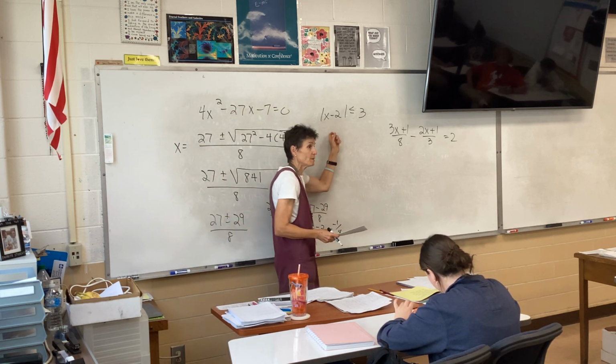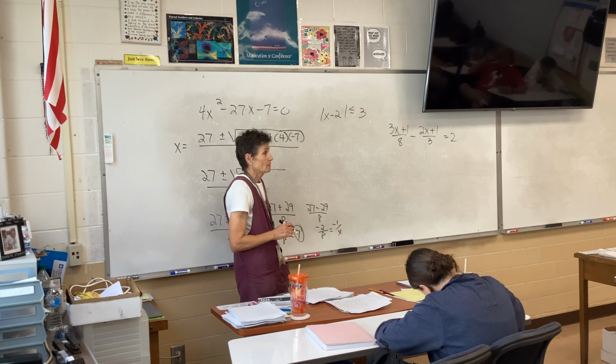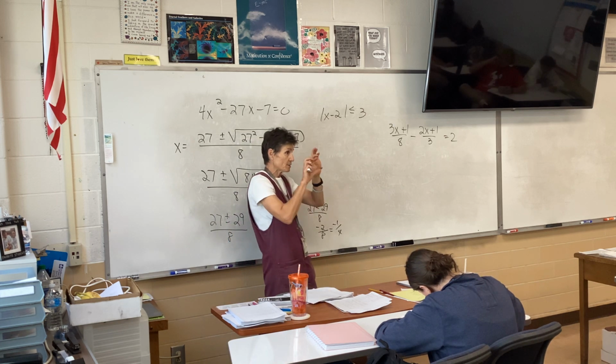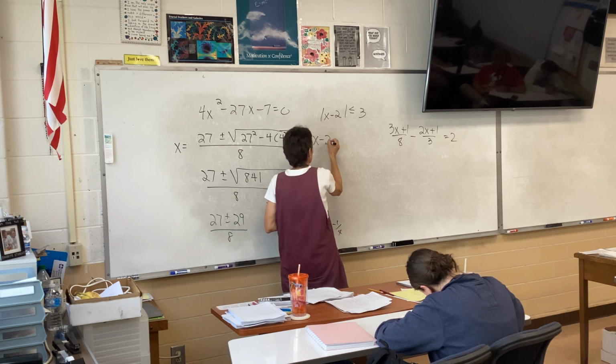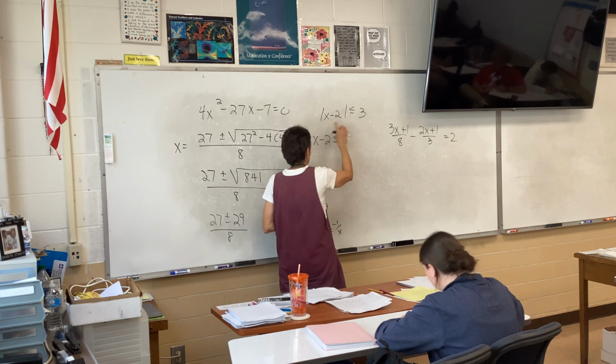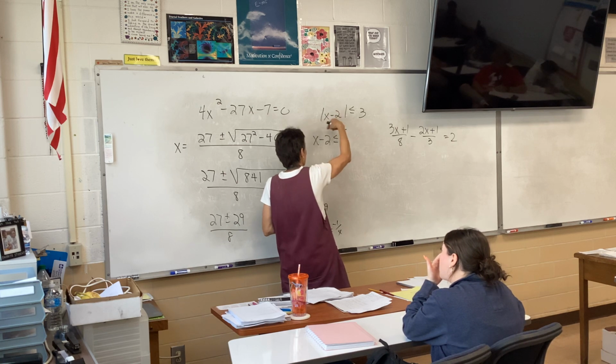What about this guy? What do we do with this guy? This breaks down into 2. So the first one is going to look exactly like the original, except no absolute value.